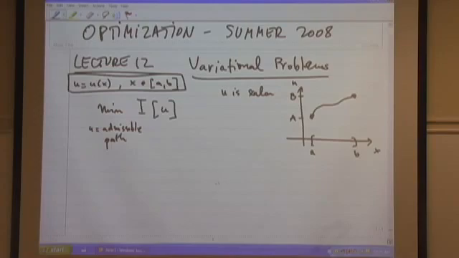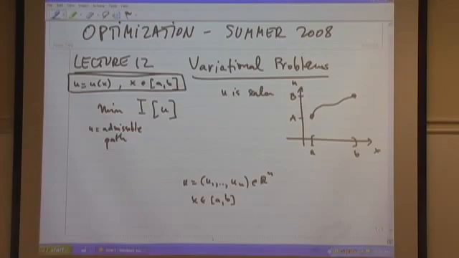But we'll see also that u can be n-dimensional. So still a function of x, which we're going to restrict to be one-dimensional. So x is still an interval, but in that case, u is going to be thought of as a path in Rn. It's also a path, right?